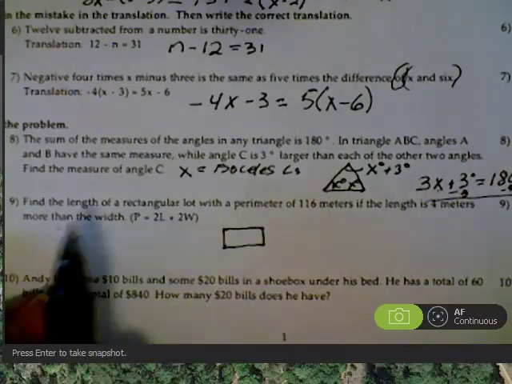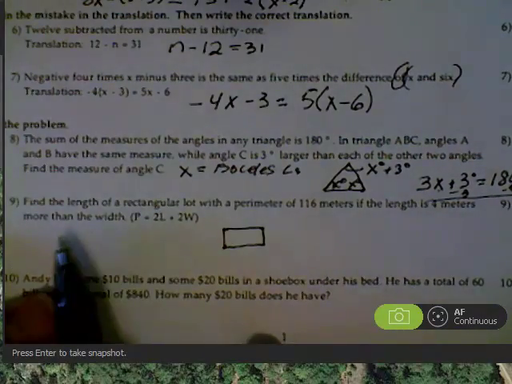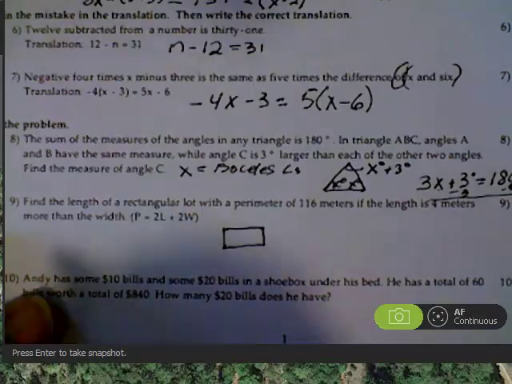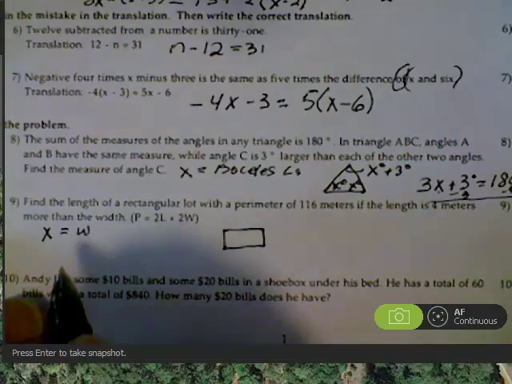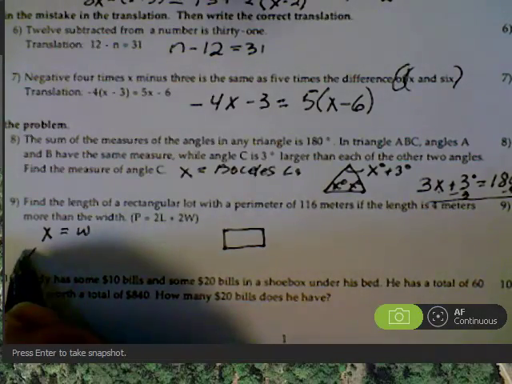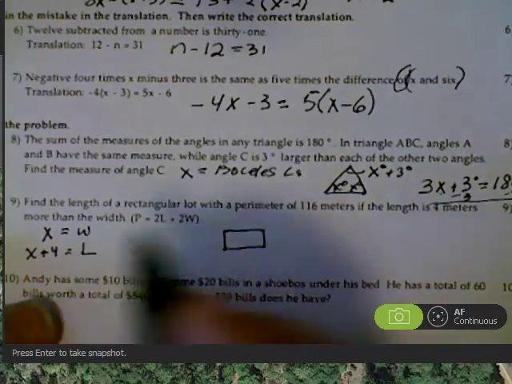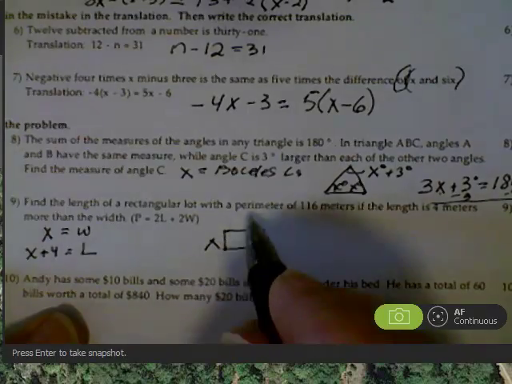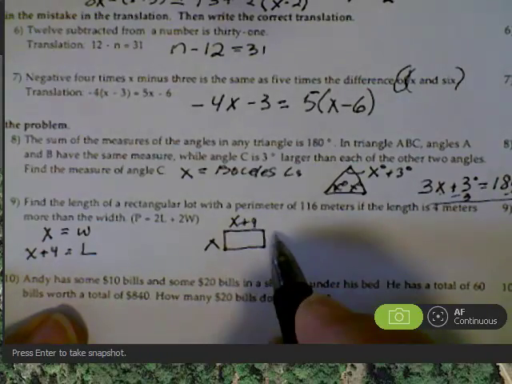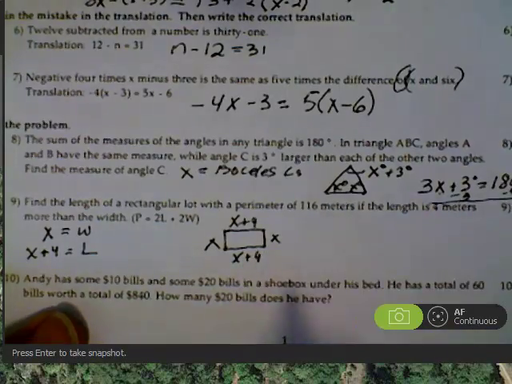Now it says the length is 4 meters more than the width. It's a word problem. So x equals the width, and x plus 4 meters equals the length. So we put that in, x plus 4, x, and x plus 4.